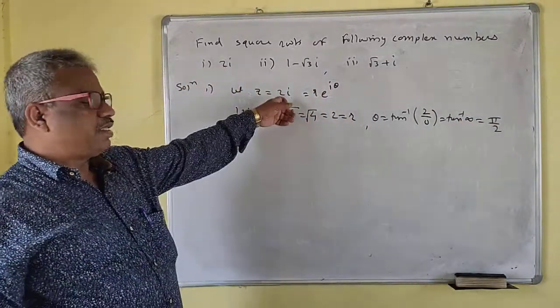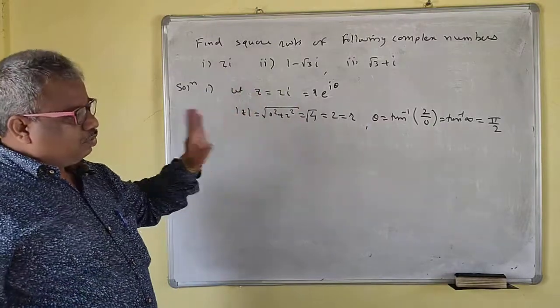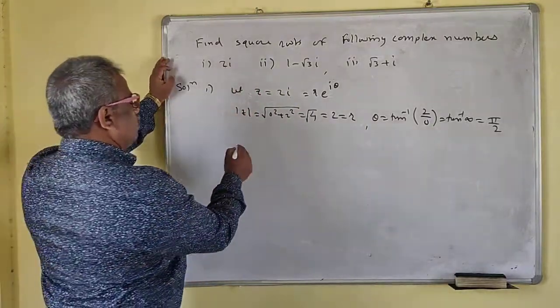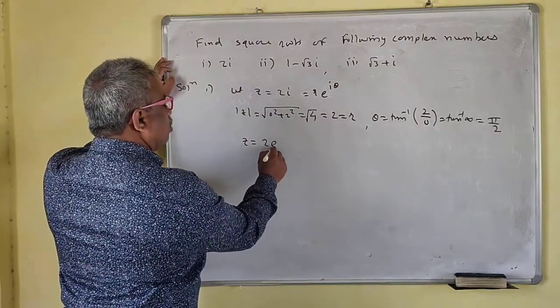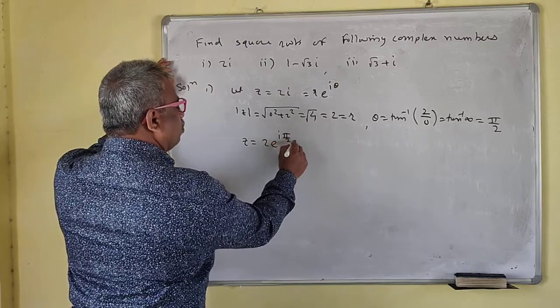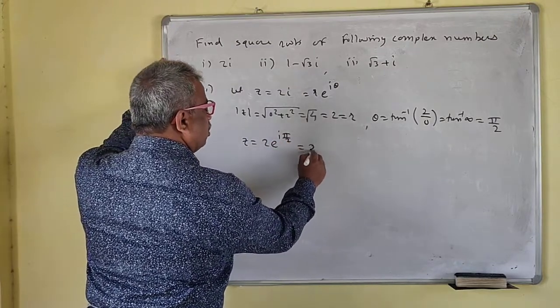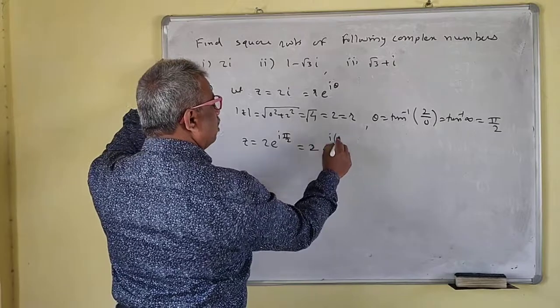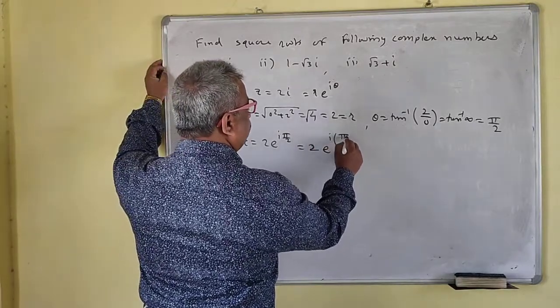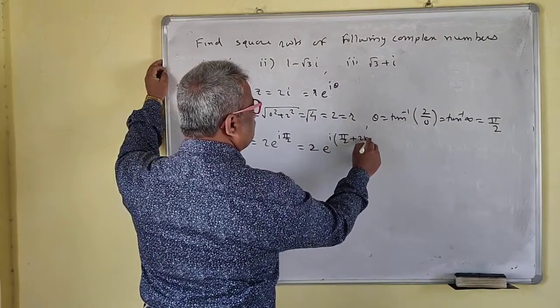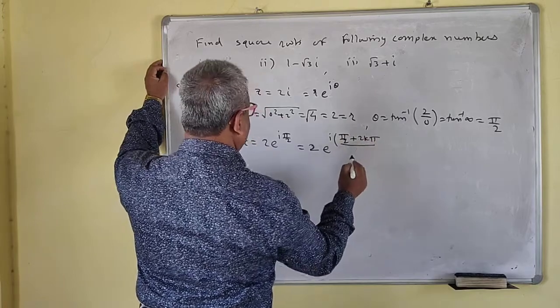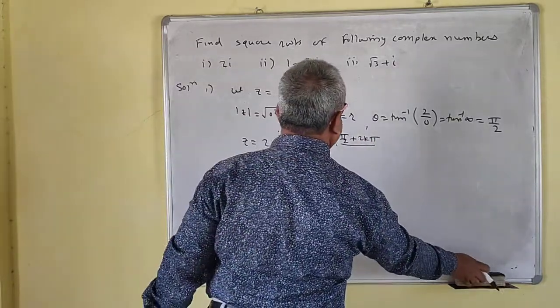Right? So your complex number is in the first quadrant. This is your pi by 2. Okay? So z is equal to 2 e raised to i pi by 2. So we can write this as 2 e raised to i (pi by 2 plus twice k pi).